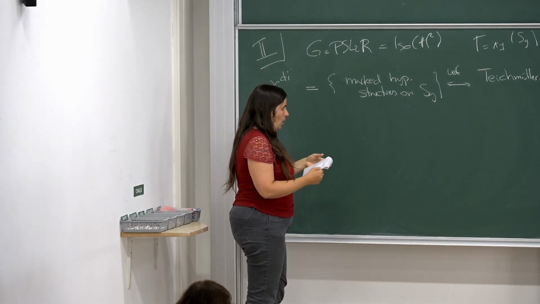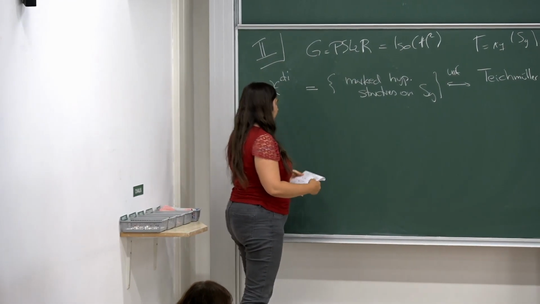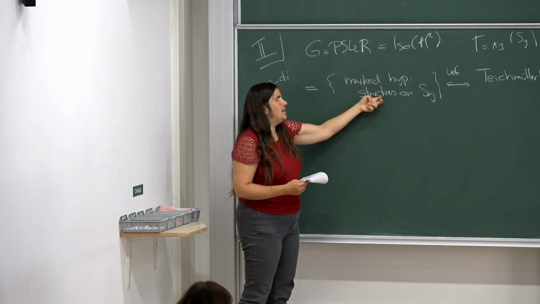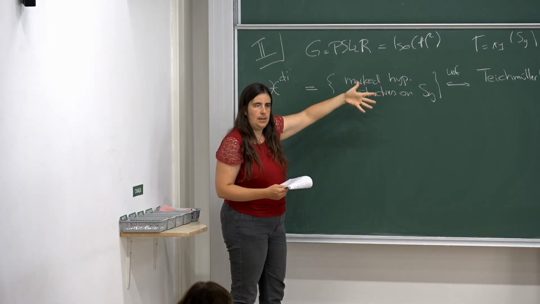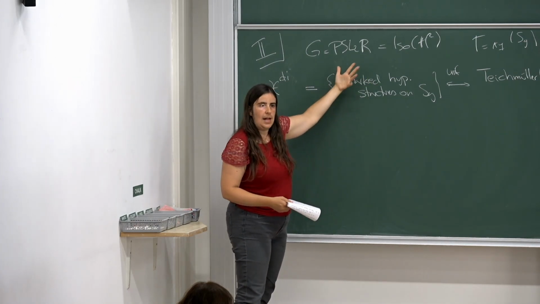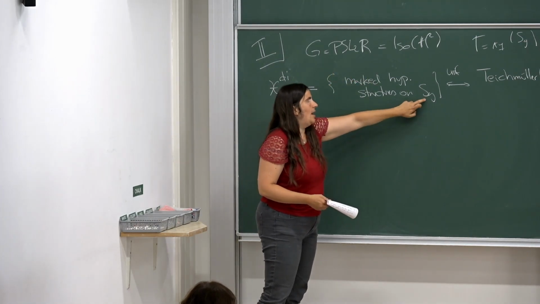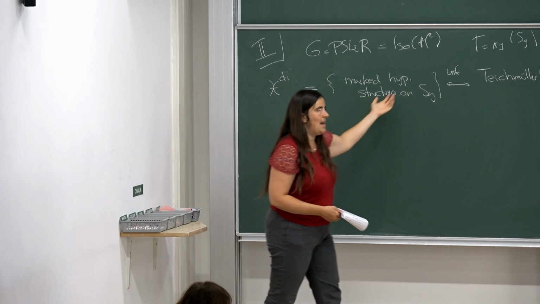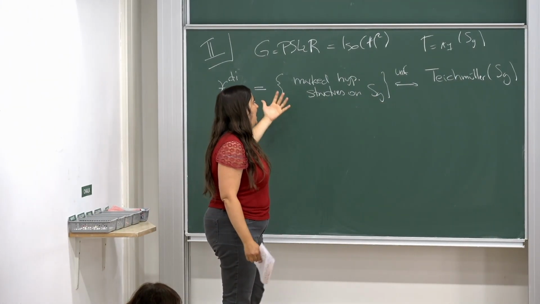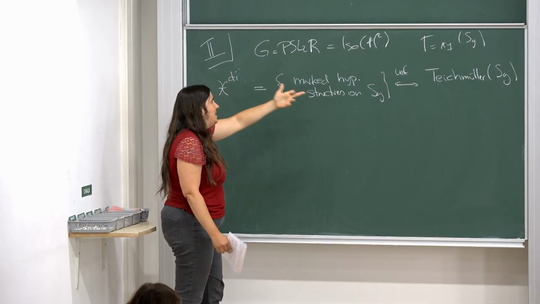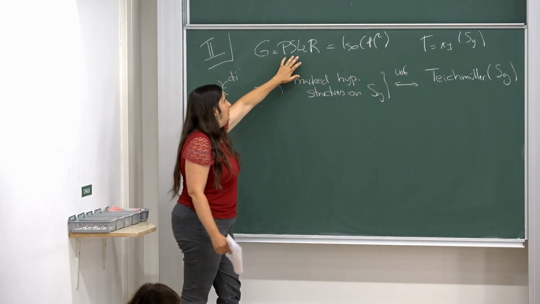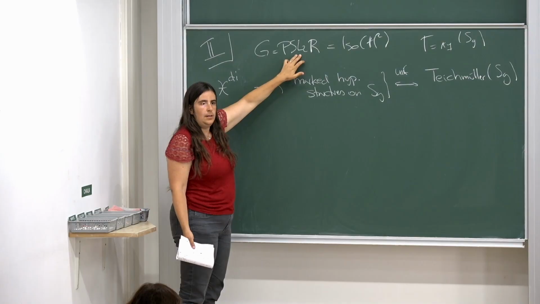Teichmüller theory studies really geometric properties of these hyperbolic metrics on surfaces, and there is a lot of research and a lot of nice results about this specific class of negatively curved manifolds. But in this case, it's not higher rank, it's the classical Teichmüller theory, because this is really negatively curved.